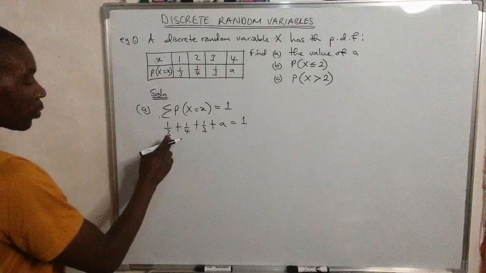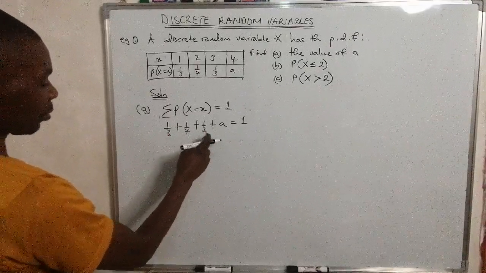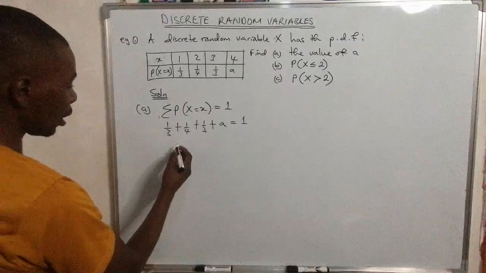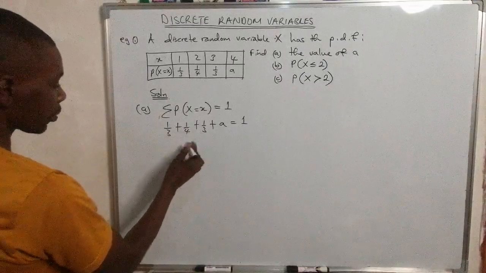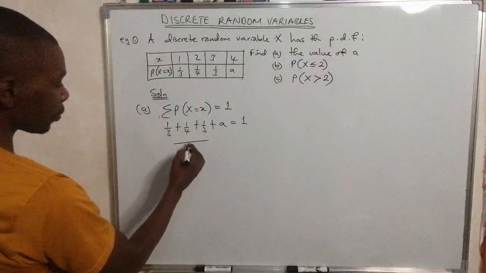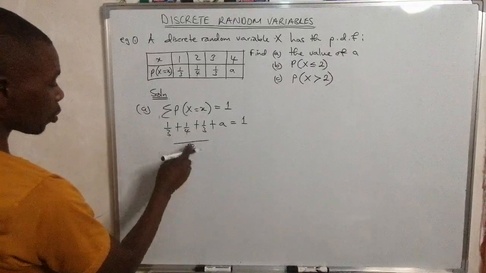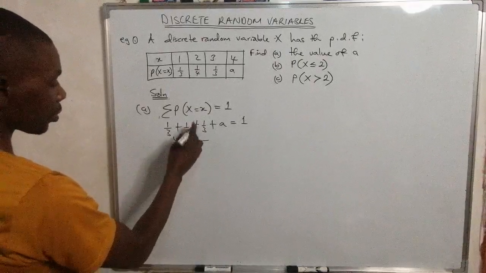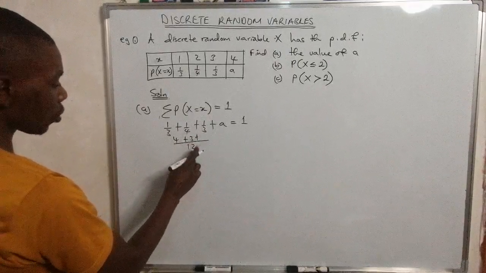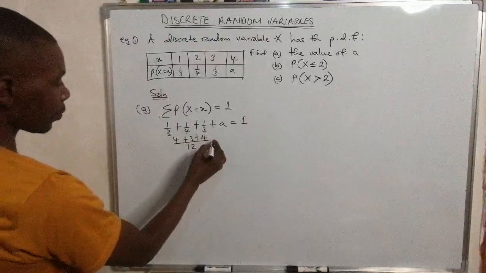So if we add 1 over 3 plus 1 over 4 plus 1 over 3, our common denominator is 12. 3 into 12 goes 4 times, that's 4, plus 4 into 12 goes 3 times, that's 3, plus 3 into 12 goes 4 times, that's 4.